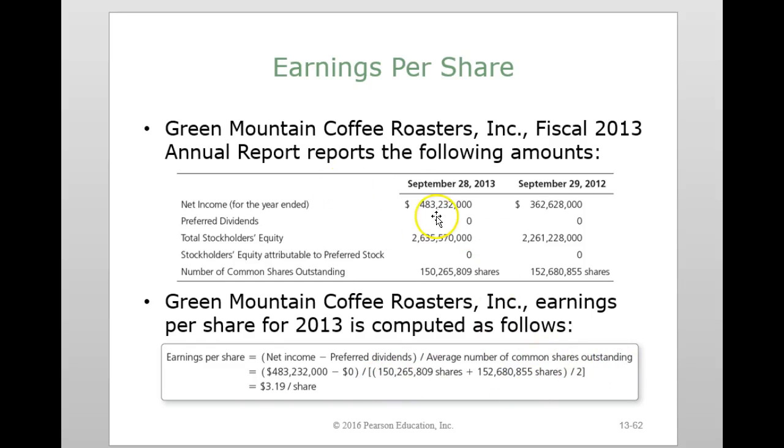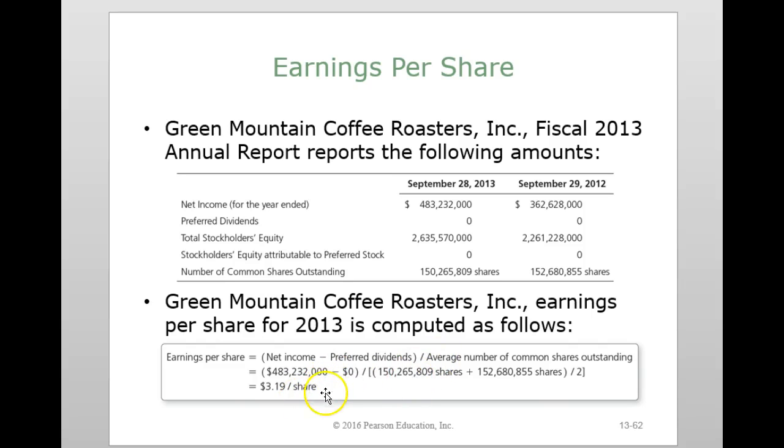And that means you will take the beginning and the ending number of shares, add those together, and divide by 2 to get an average to come up with your earnings per share.